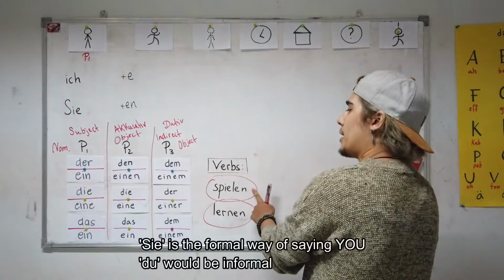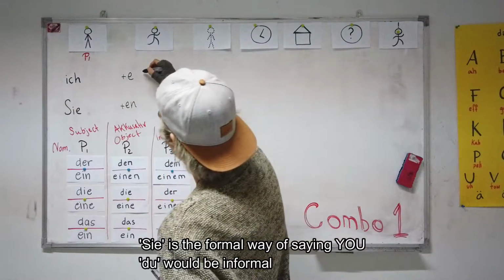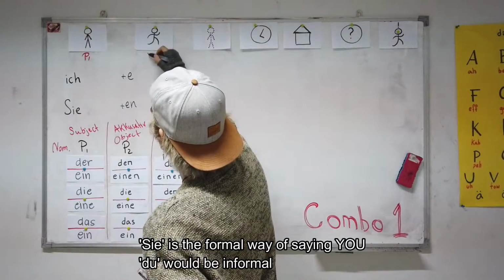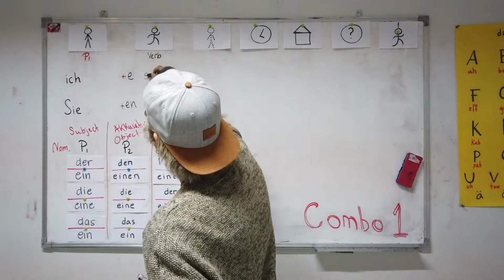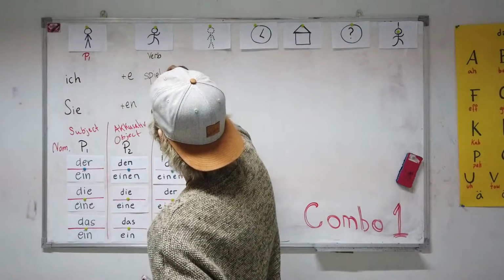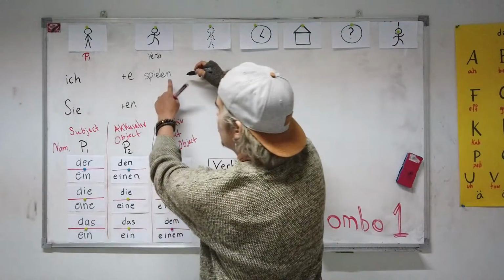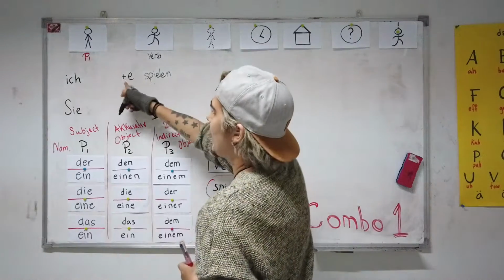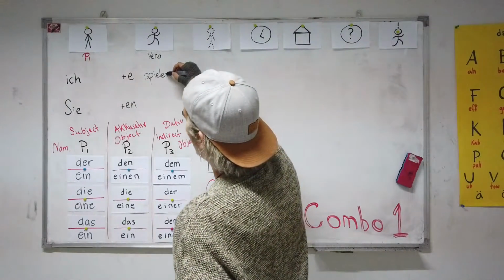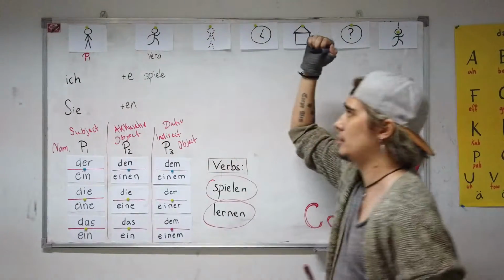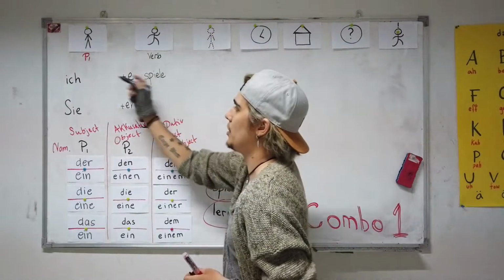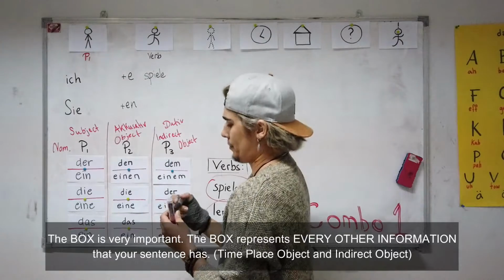So, if I'm going to play, I will say ich, and then here, as you can see, that's the verb. I'm going to write it right here. Ich spiele. Because originally it's spielen, but since it has to end with an E, we have to remove this part here. And your sentence will suddenly be ich spiele.